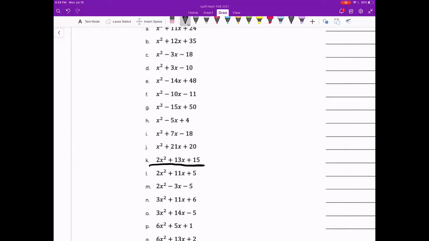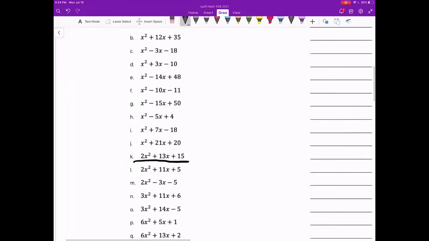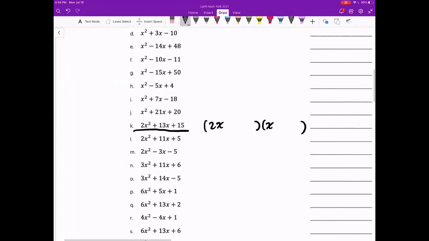All right, are we good to go? Two x plus 3 times x plus 5. Yeah, that's right. Good job. In this case, we only have one possible form, which is 2x and x. So then we do plus a plus b.